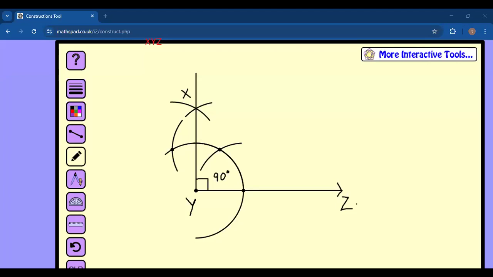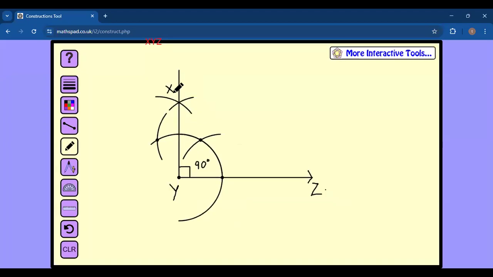I understand how you did the starting point to the second and then the third, but then after that... You mean the top piece, up here, where X is? Right here? Yes, sir. Okay.